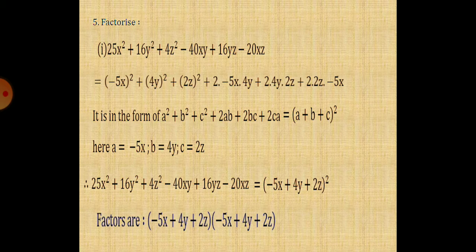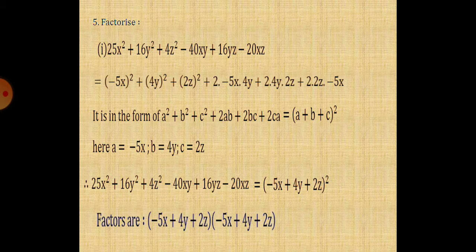Let us test whether the last term is in the form of plus 2ca. So that is plus 2 into 2z, which is c, and minus 5x, which is a. That becomes 2 2s are 4, 4 into minus 5 is minus 20, and in our question also the last term is minus 20xz, which confirms that it is in the form of a square plus b square plus c square plus 2ab plus 2bc plus 2ca is equal to (a plus b plus c) whole square.